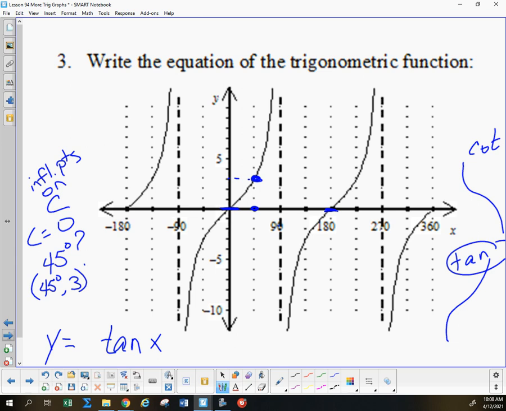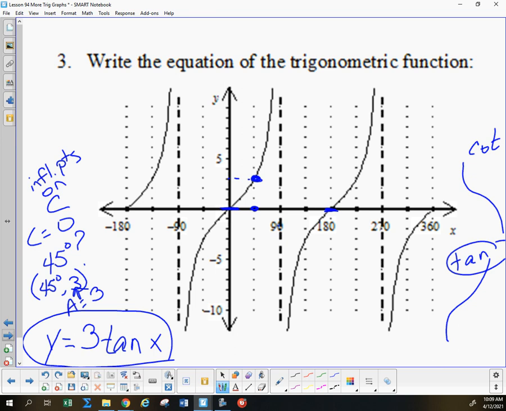Because if I plug 45 degrees in, tangent of 45 is 1. And I need 3. I have to look at that 45 degrees. That means my amplitude is 3, so I have to put a 3 in front of that tangent. Not enough to just say, oh, it's the plus tangent shape. You've got to check some coordinates in there.